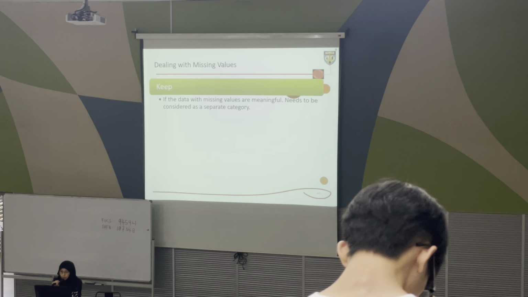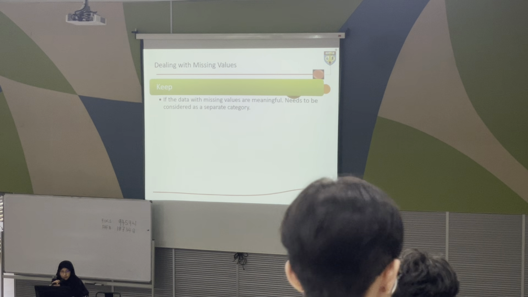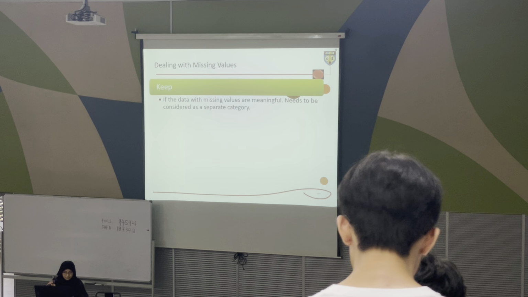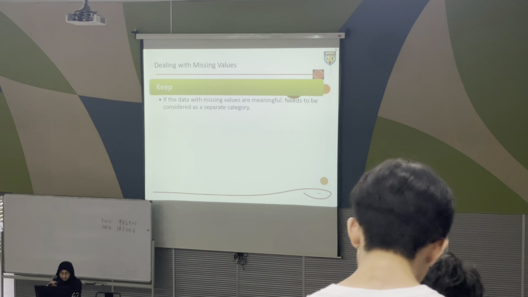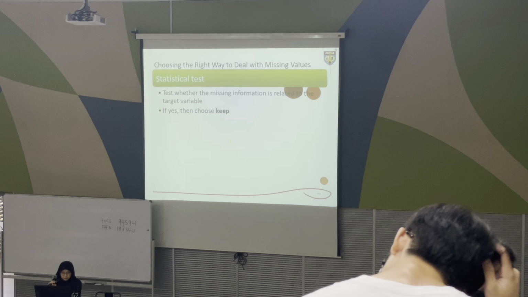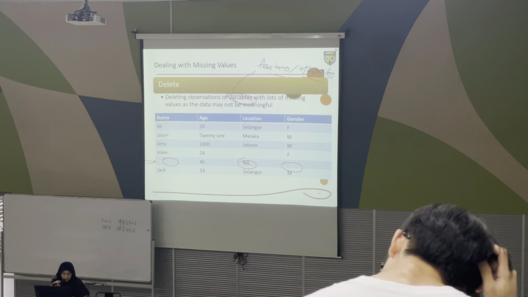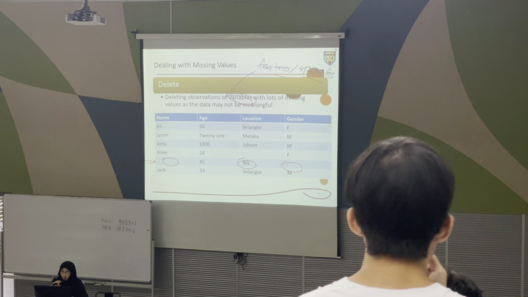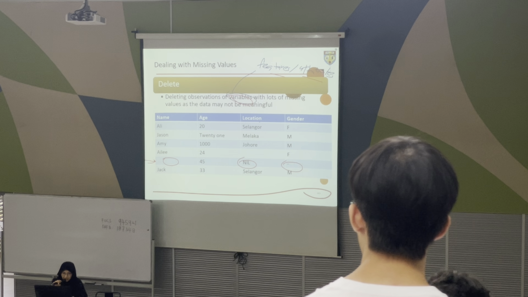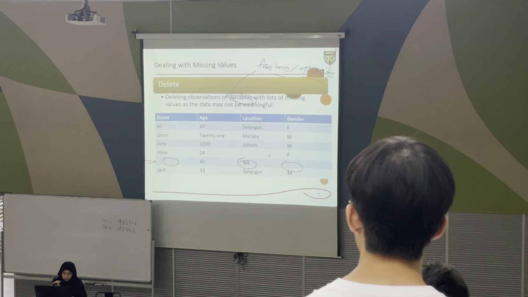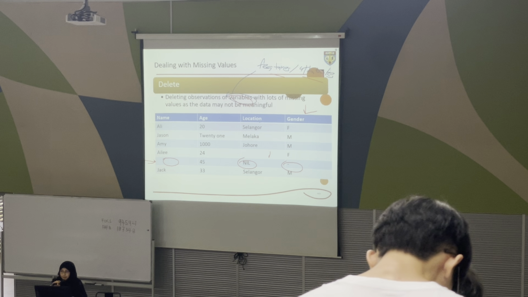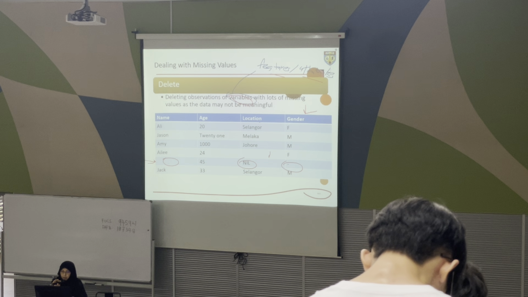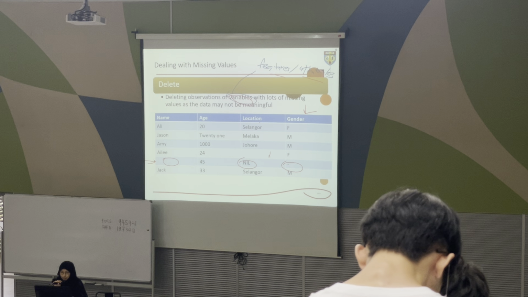Okay, and then the third way to deal with missing values is you can keep them. So for example, let's say of these four features, based on your research you find out that gender is important for you to identify the whole insight, so you can keep that.